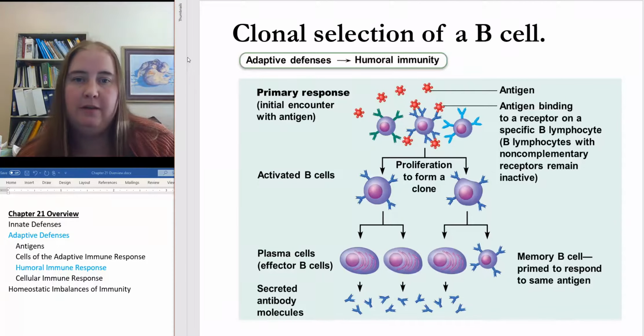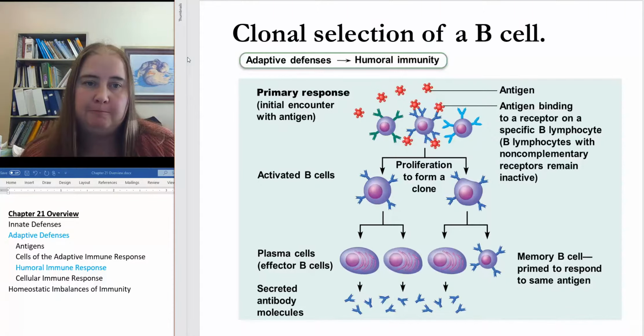We have our antigen, the little red circles, that entered our body. And we have a receptor on the surface of our B cell.